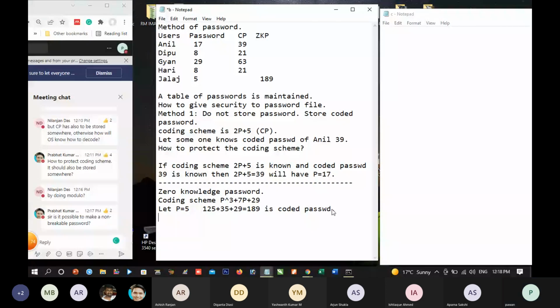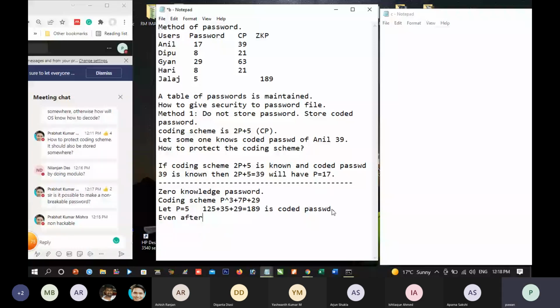Is this all right? You see, zero knowledge password means even after knowing the coding scheme and the coded password, the actual password cannot be obtained.